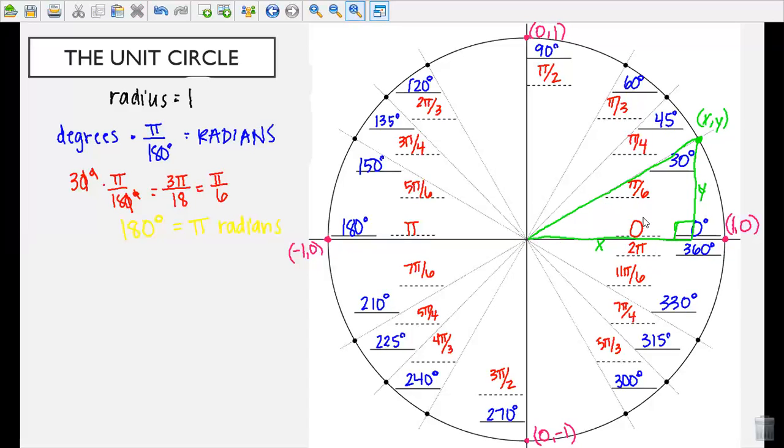Well, because this is a unit circle, my radius is 1, this hypotenuse of my right triangle is a radius because it goes from the center to the outside. That's a 1.